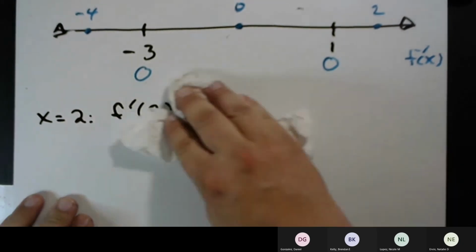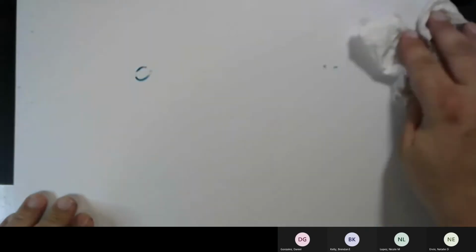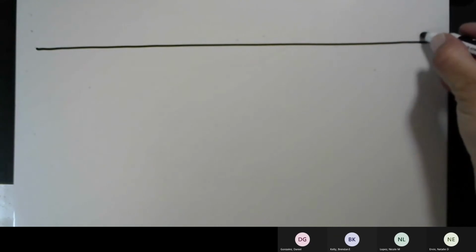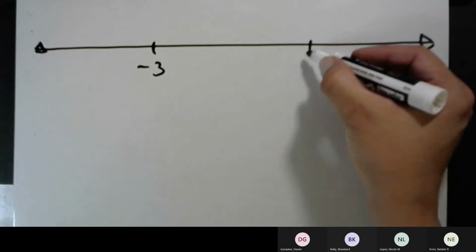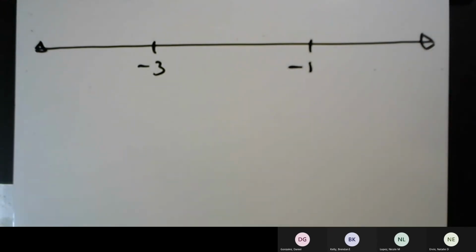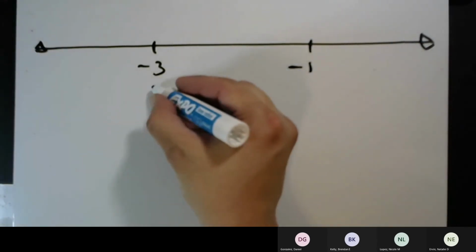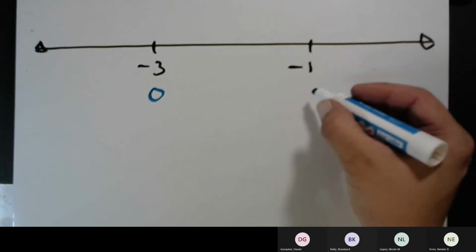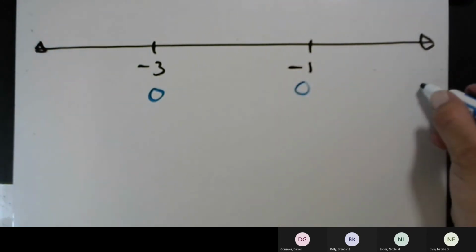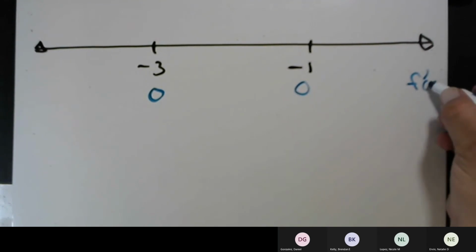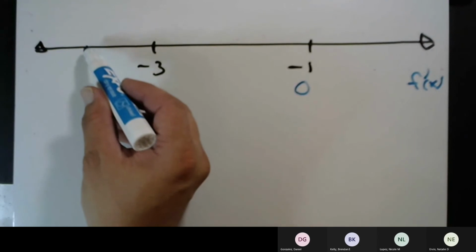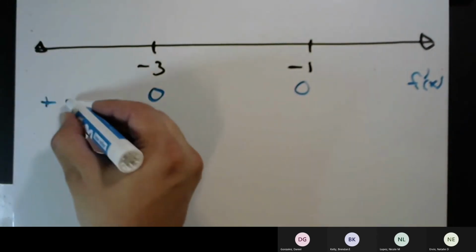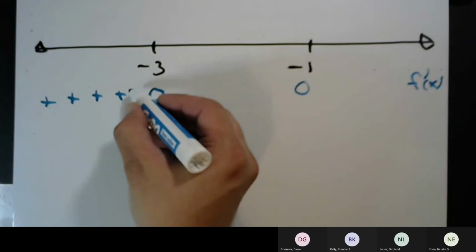So let me redraw my intervals, like so. We found that the first derivative is 0 at these two locations. Using the test point of negative 4, f prime of negative 4 was positive, so this whole interval has positive first derivatives.